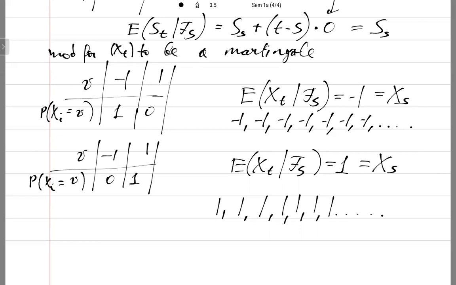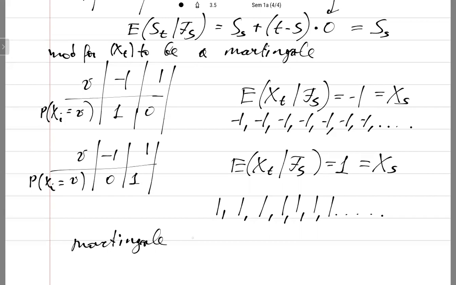Because it's constant. So we may say that martingales are like a generalization of constant sequences to random nature. On average they are constant, they do not increase on average. Okay, yes, Stepan, you're right.